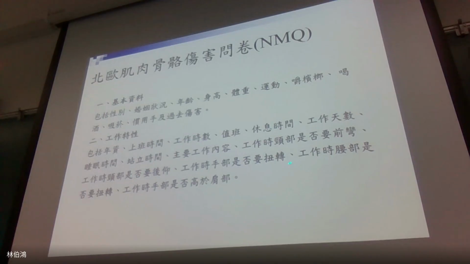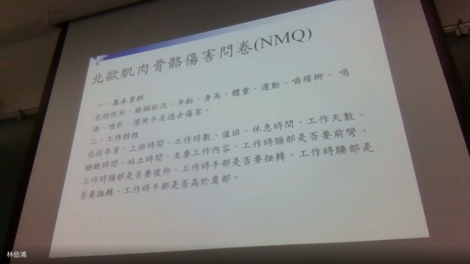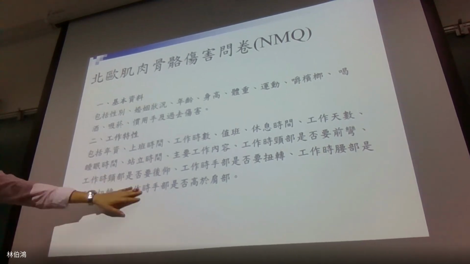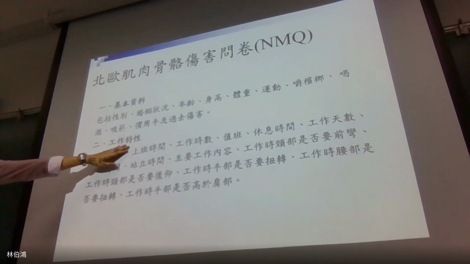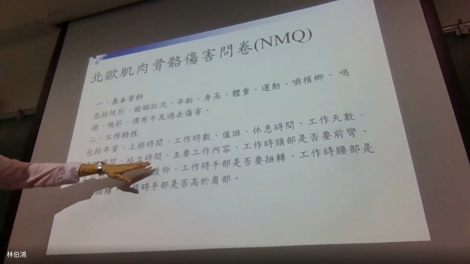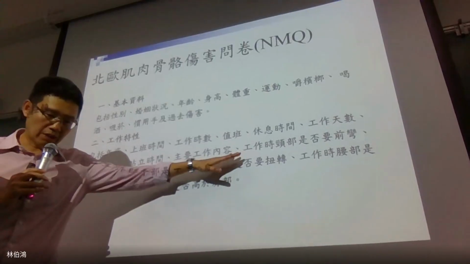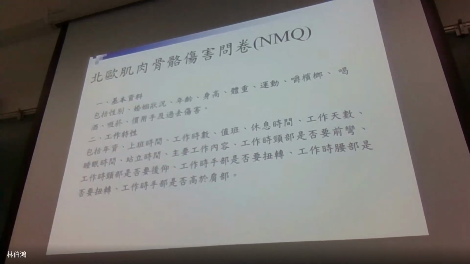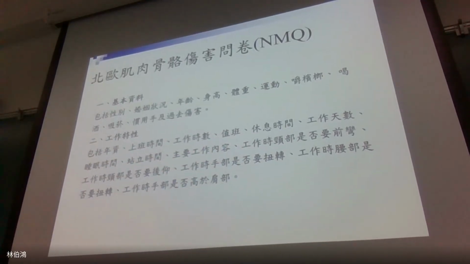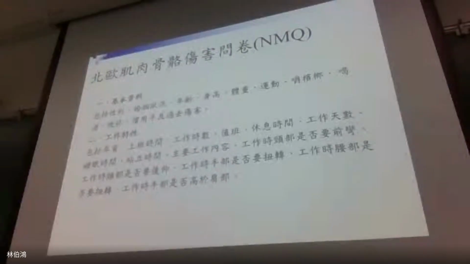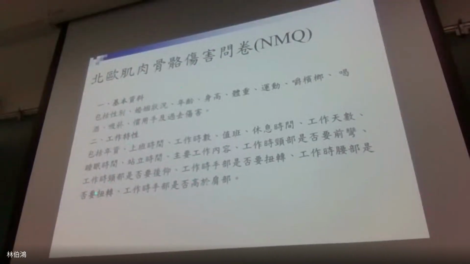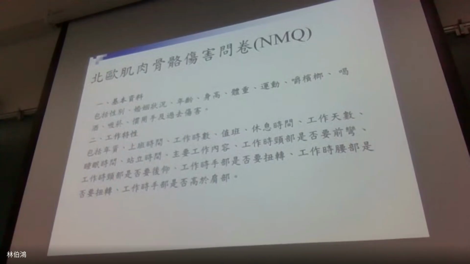We ask some questions. And these questions are very important because we will also use logistic regression to analyze the data. So in the work characteristic, some important questions will be asked. So if you finish this part, I think you can make the analysis.